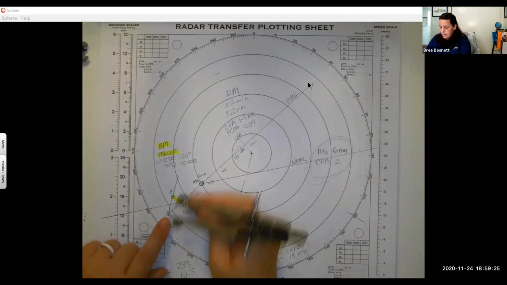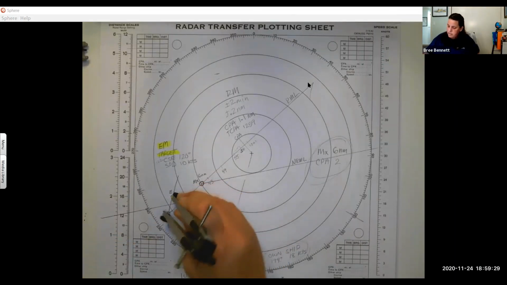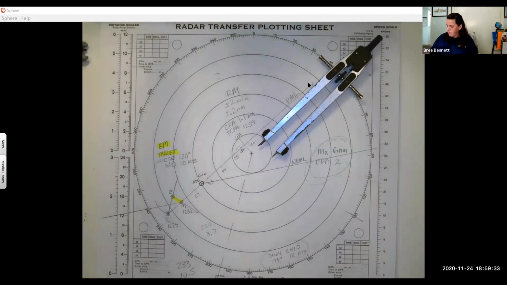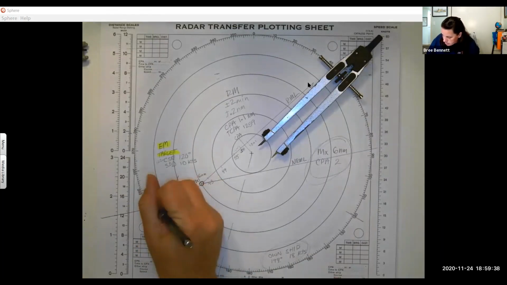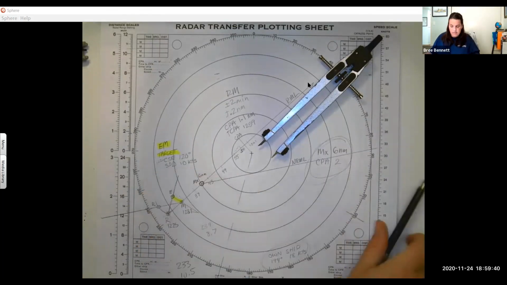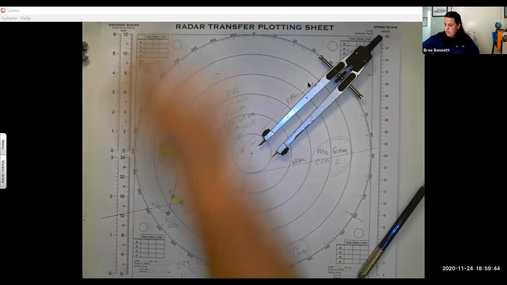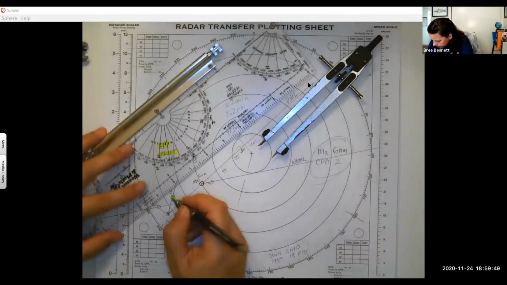If we remain the same speed, we swing our arc, and where that intersects is going to be our new R. I have to connect the line, our new triangle.